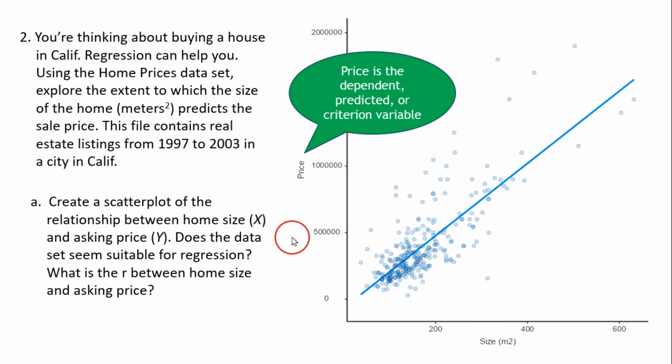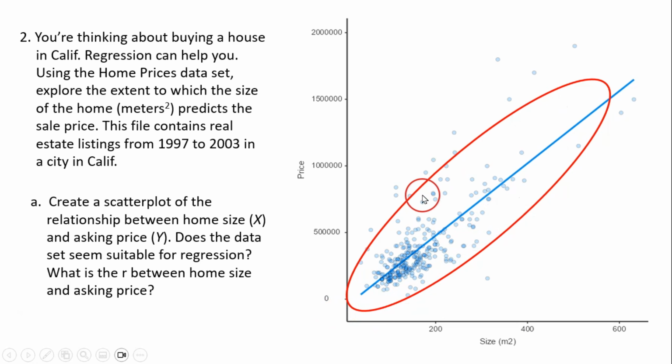And if you look at the general shape of the data points on the plot, we have an elliptical pattern that runs from the lower left to the upper right. And this would indicate a positive relationship between size of the house and the price of the house.